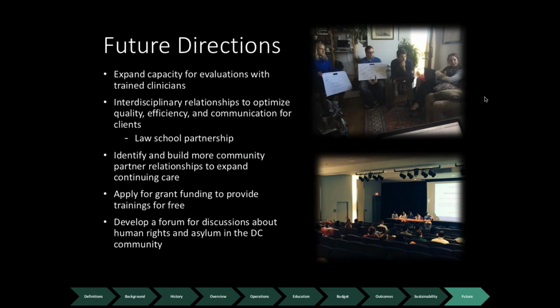So in thinking about sustainability in the future, there are several goals that we have in mind for moving forward that we hope that the next group of students will continue working toward. So first and foremost, our primary goal is always to expand our capacity for evaluations by training more and more clinicians at Georgetown and otherwise, so that we're able to provide more and more evaluations of asylum seekers and meet that need.